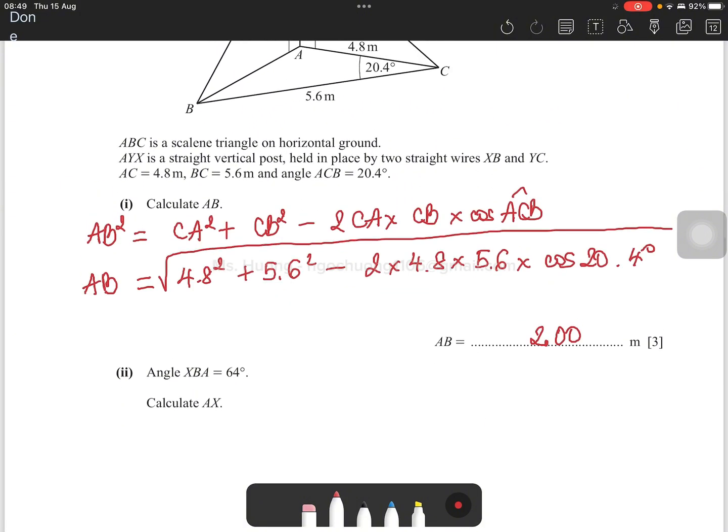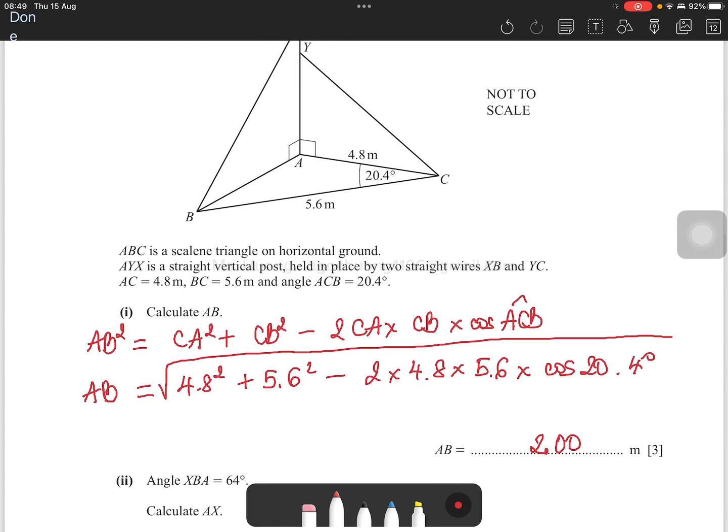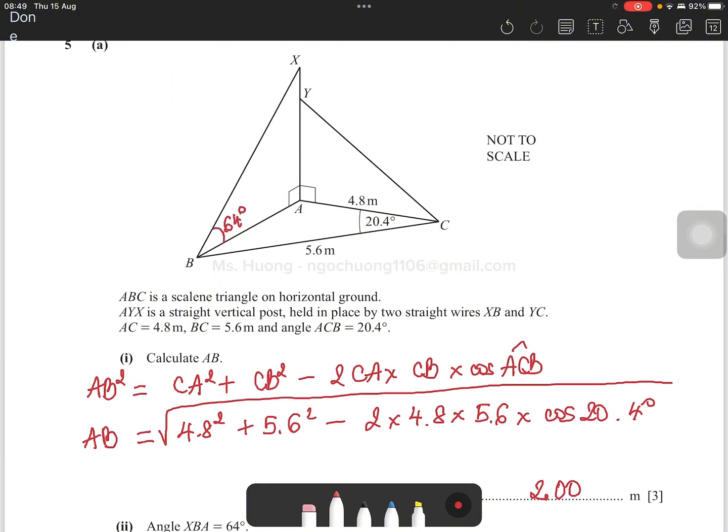Second question. Angle XBA is 64 degrees. XBA, this one is 64 degrees. Now we calculate the length of AX. This one is AX. From question 1, we see that the line AB is 2.00 meters.